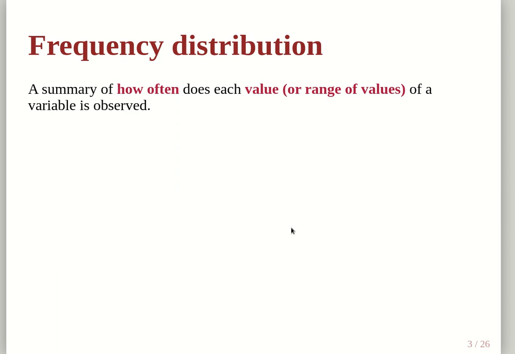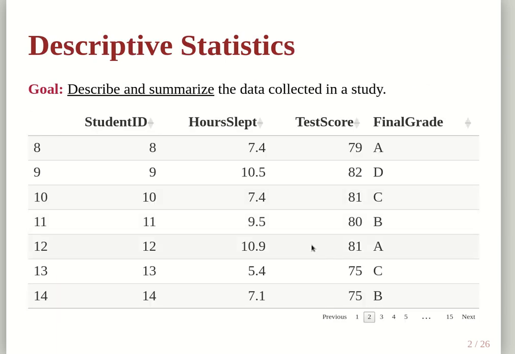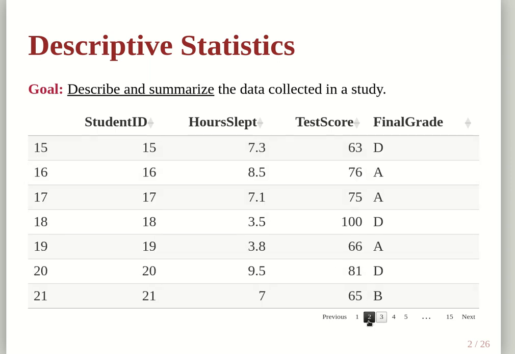Meaning that if I want to report the frequency distribution for my categorical variable final grade, I'm simply going to count the number of times each individual letter grade is observed. But if instead I want to report, for example, the frequency distribution on the hours of sleep that my participants have reported, well, it's going to be very impractical to report each individual different value that I find.